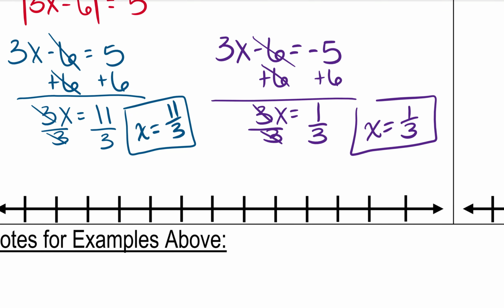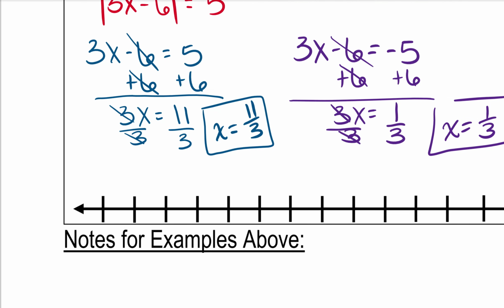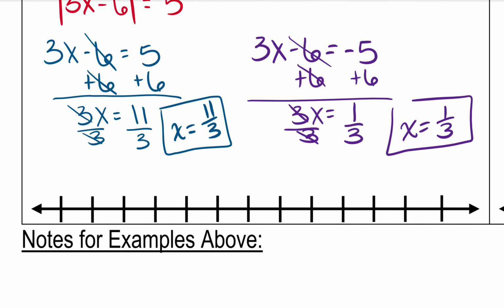Now, here's the only extra step we do on this part. We didn't change anything else, but we do need to graph these. The smaller of these two would be 1/3, so that has to go on the left side. And again, this number line is blank on purpose. You can label it how you need to. So let's say that this one down here is 1/3.